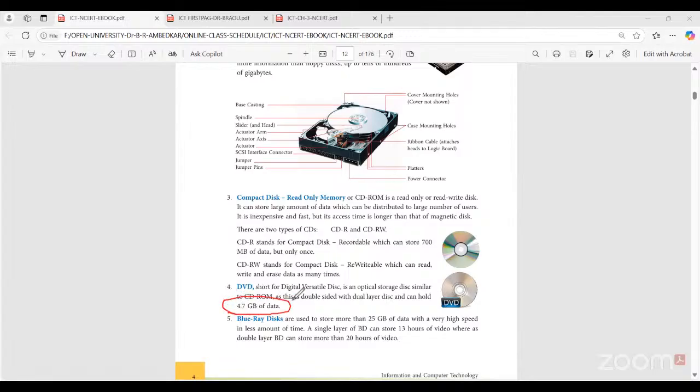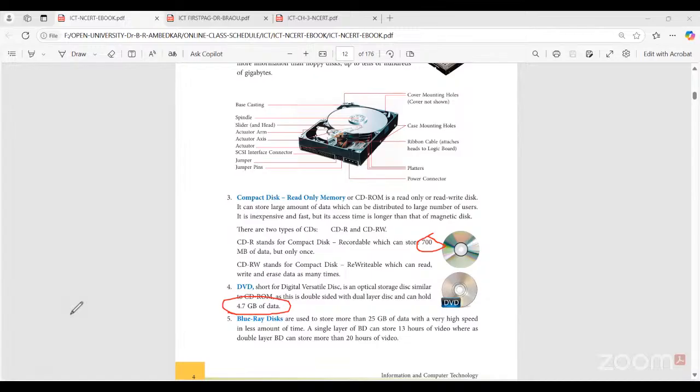4.7 GB. In the CD, we can store up to some MB. I think only MB we can store. How much MB? Here, see, it is 700 MB. But nowadays, how much CDs will store, you can check on that. So these are the differences between all these kinds of devices.